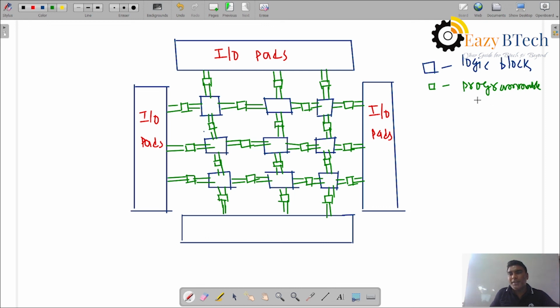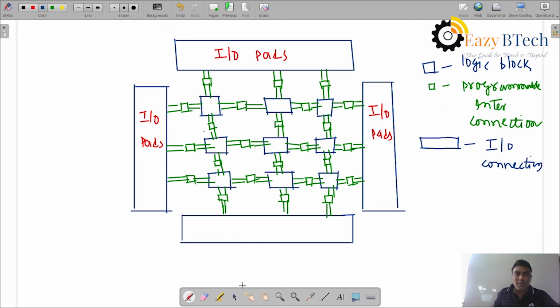So these are the IO connections, IO pads, input output connections.